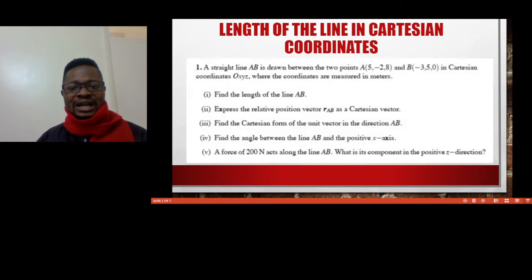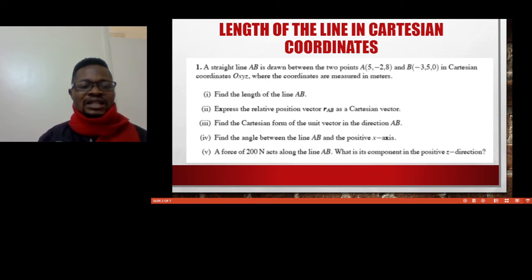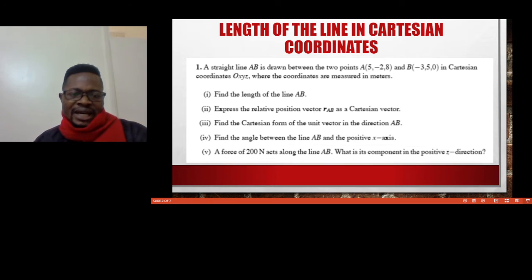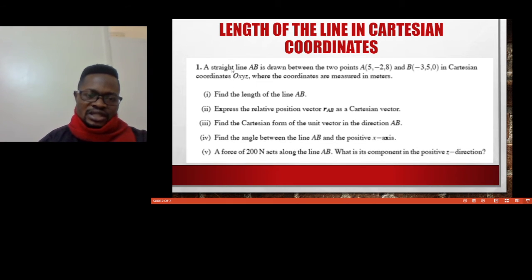Now we have the length of a line in Cartesian coordinates, and the question here says a straight line AB is drawn between the 2 points, A and B, and A has X, Y, and Z. So when you have three numbers here, 5, -2, and 8, it means that you have three variables, X, Y, and Z. And B also has -3, 5, and 0 in Cartesian coordinates.